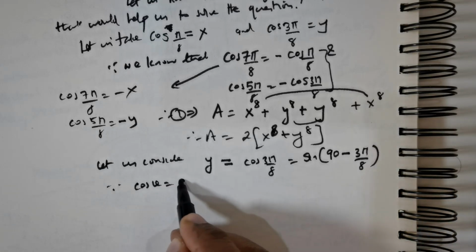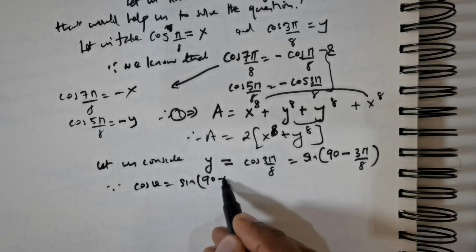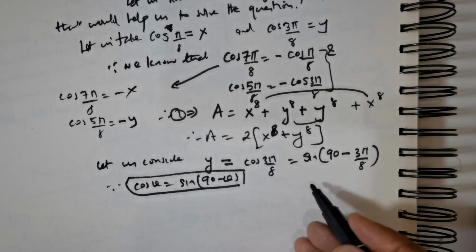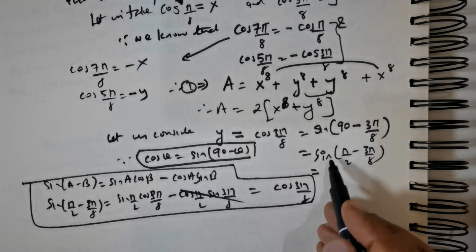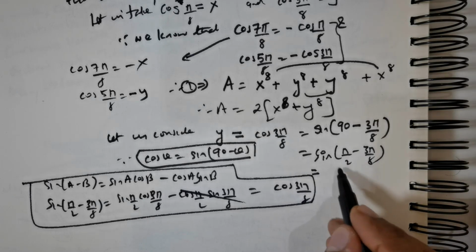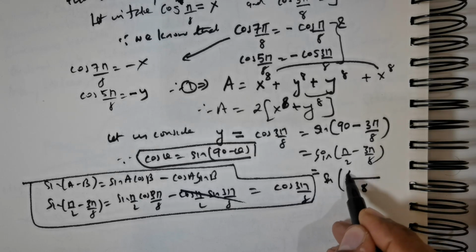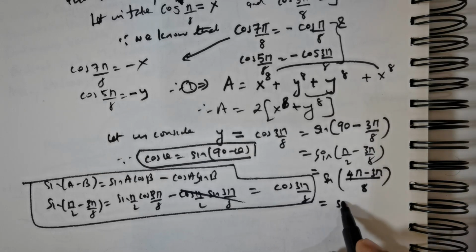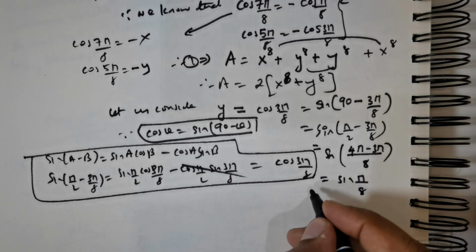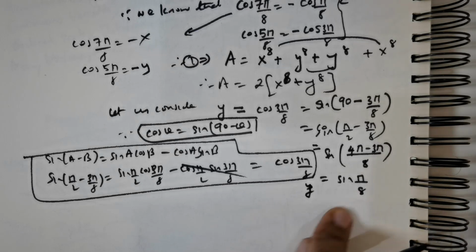Because cos θ has an equivalent representation in terms of sine, which is sin(90° − θ). Taking the LCM as 8, this is sin((4π − 3π)/8), which is equal to sin(π/8). So my y is sin(π/8).